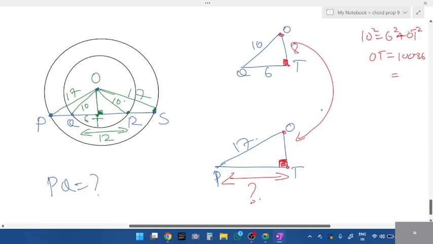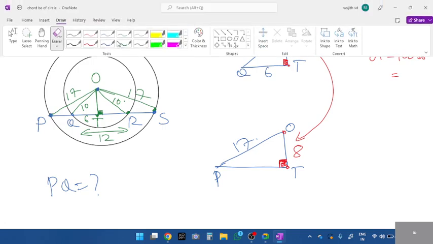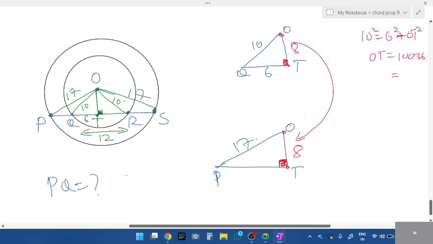Is OT 8 centimeter? Okay. What is PT then? See, don't write the way I'm writing, students. Write it neatly. Mention in triangle OQT, draw the diagram, write Pythagoras theorem.